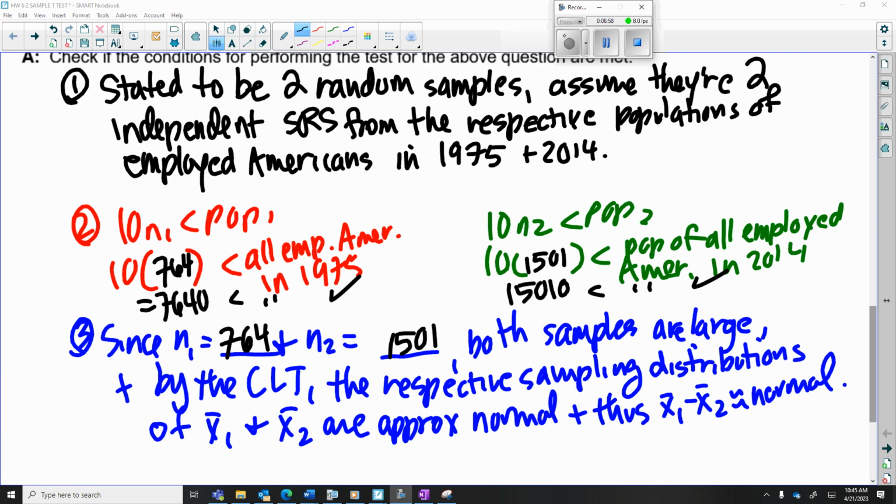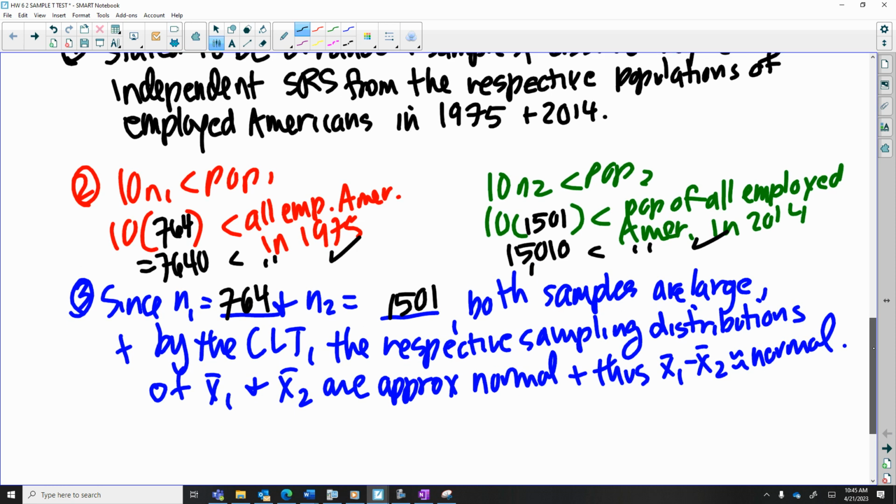It was a lot of writing, so let's just quickly look at what I have here. It's stated to be two random samples. Assume that these two are independent SRSs from their respective populations of interest. 10N1 was less than POP1. We got 764, that's less than all employed Americans in 1975. And 1501 is less than the population of all Americans that are employed in 2014.